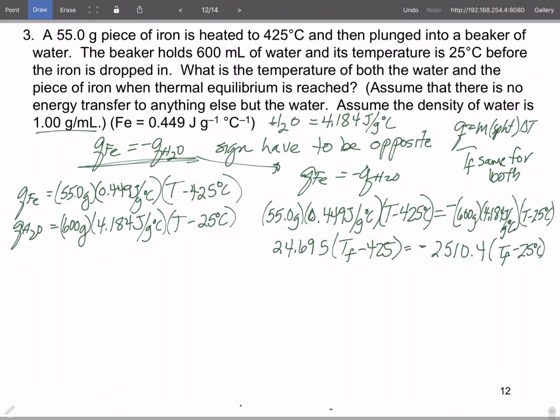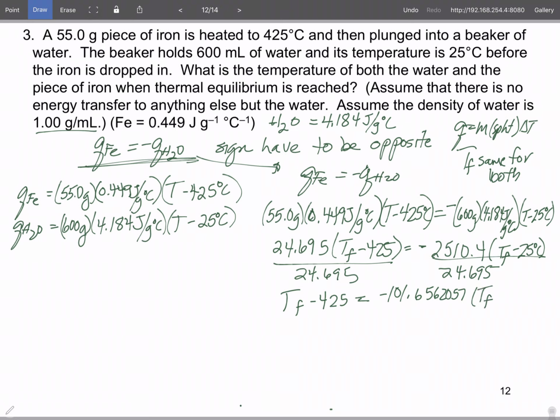So then what I'm going to do is divide both sides by 24.695. So I get T final minus 425 is equal to negative 101.6562057. Do you need to keep that many digits? No, I let the calculator carry them, so it's going to carry more.